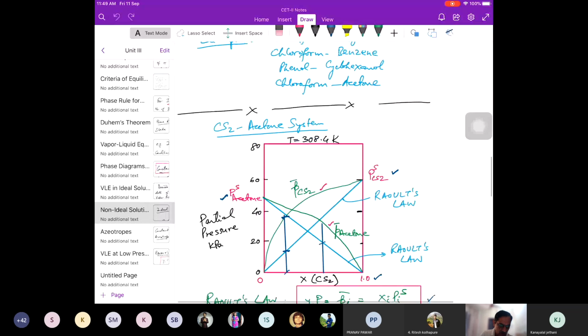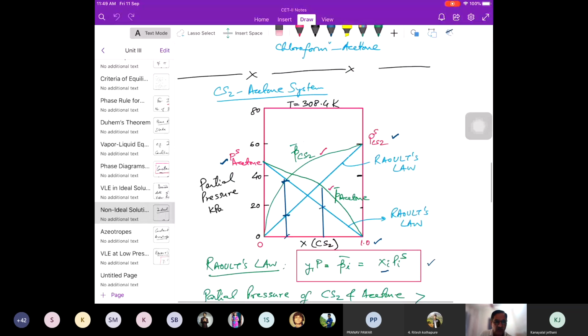Okay, so this was a system in which we are plotting the partial pressure versus x. If you look at the y-axis, this is the vapor pressure of the pure component at x equal to 1 for CS2, and this is the vapor pressure of the pure component acetone at x equal to 1 for acetone, x equal to 0 for CS2.